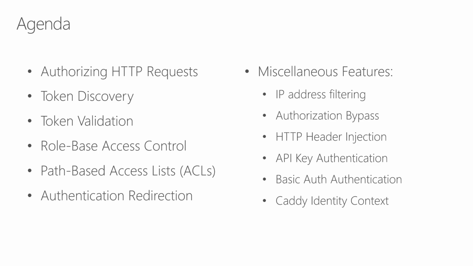Then we'll speak about various other features, which is IP address filtering, bypassing authorization for a specific path, injection of HTTP headers based on the content and payload of the tokens, how we can implement API key authentication, basic authentication, and we'll touch a little bit on the Caddy identity context.